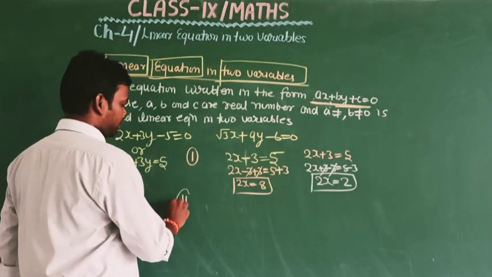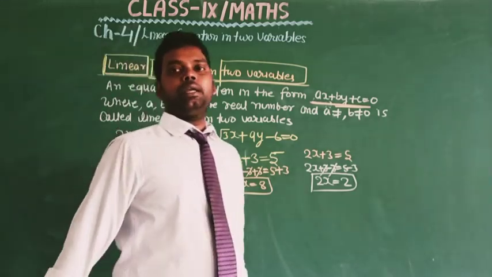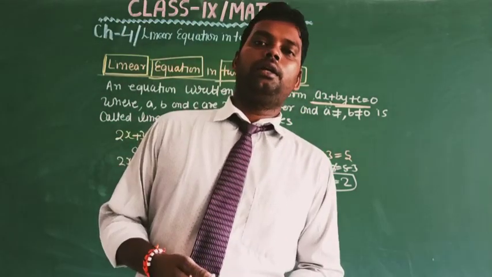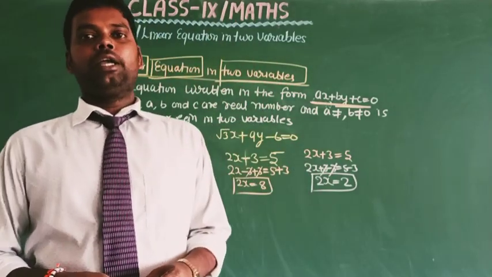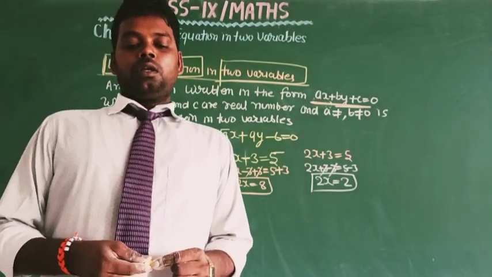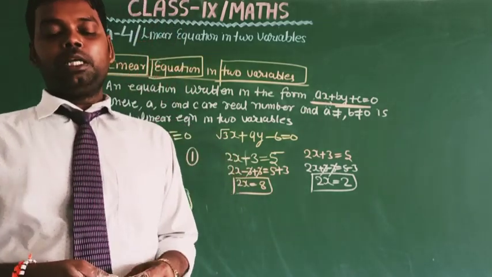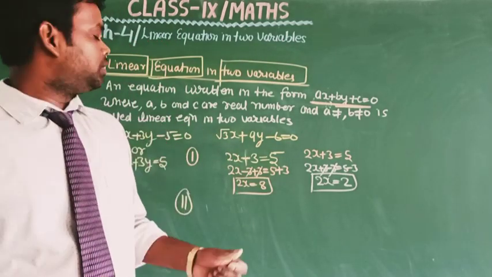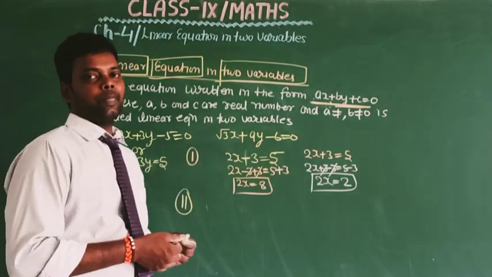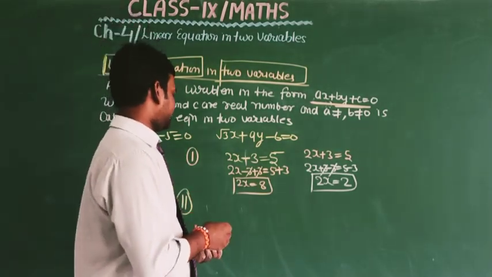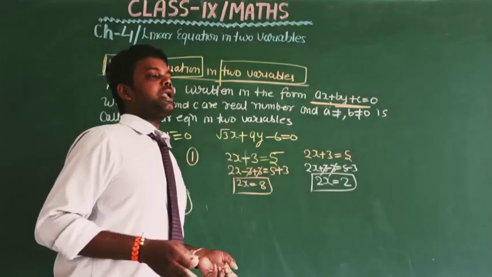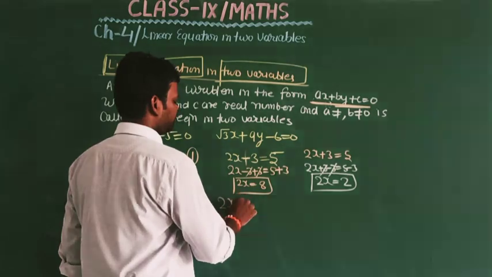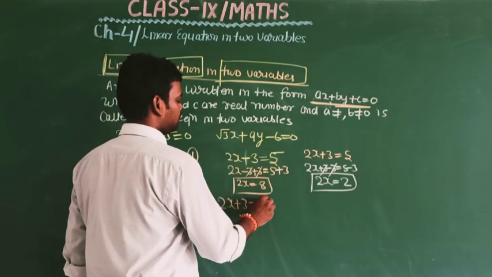The second point: when the same number is multiplied or divided on both sides, the equation is unchanged, that is, not affected. Suppose we write 2x plus 3y equal to 9.